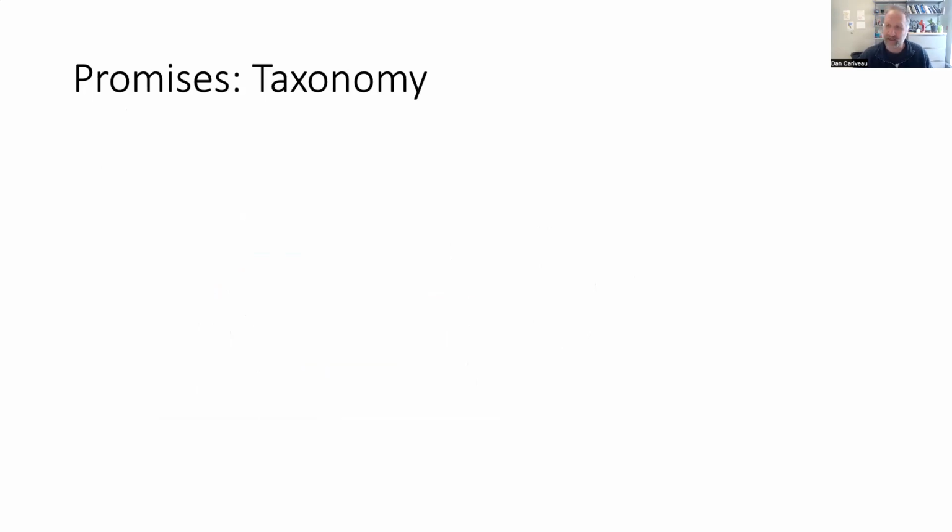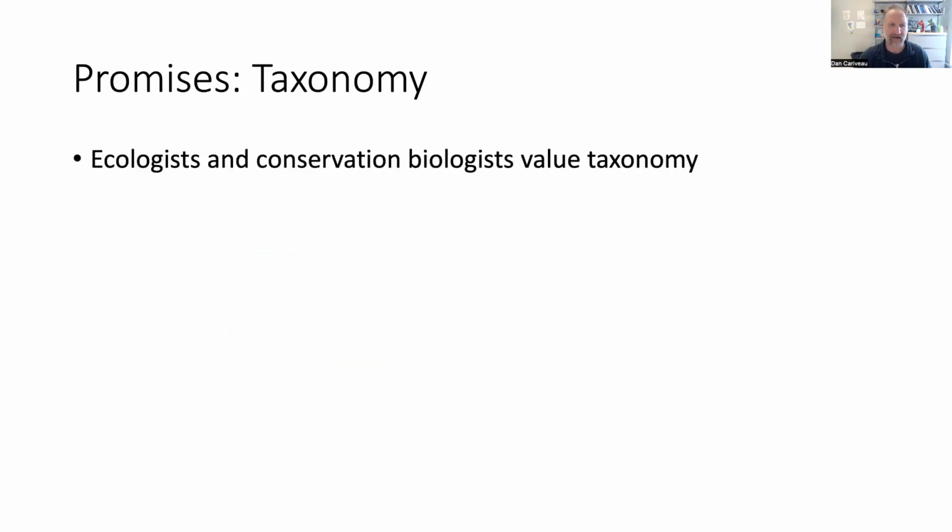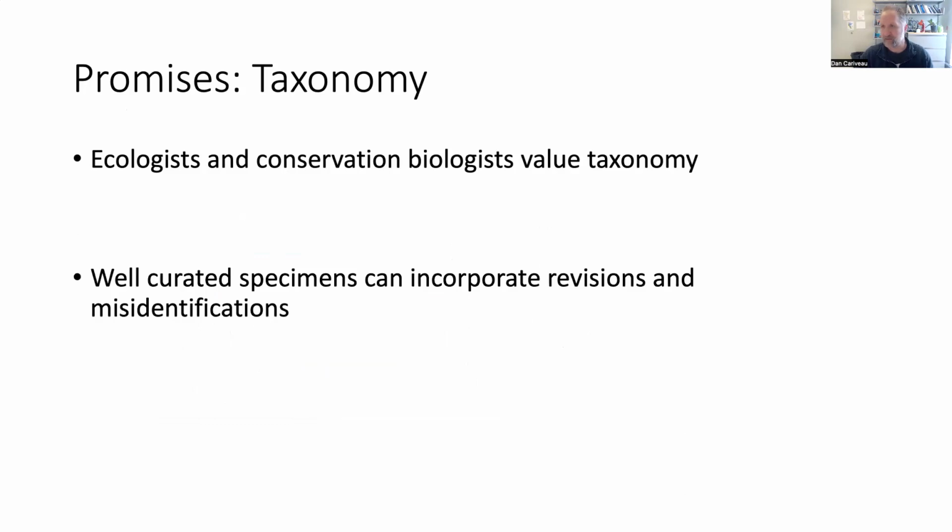And one of the promises I do really think is, in fact, taxonomy. I think a lot of ecologists and conservation biologists really do value taxonomy and see this as an important aspect and need to support it more. But in addition to that, I think we want to make a plug for really doing the best we can on curating our specimens that allows us and taxonomists in the future to incorporate revisions and misidentifications, and make a big plug here to support your local collection.